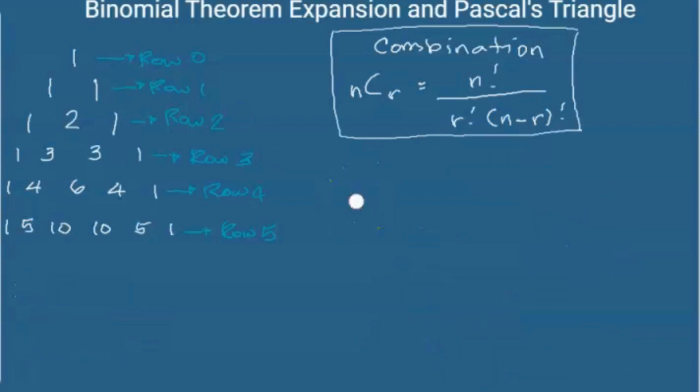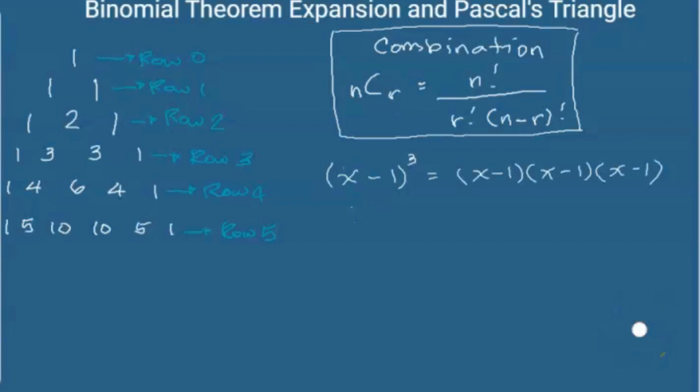Okay, let's try to expand x minus 1 cubed. Normally we'll just do the FOIL, so this is x minus 1 times x minus 1 times x minus 1.